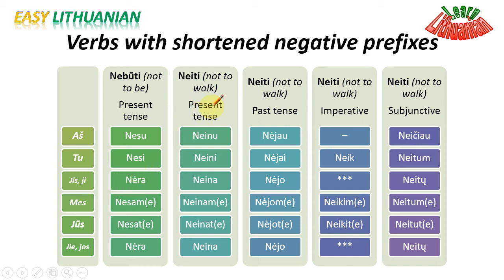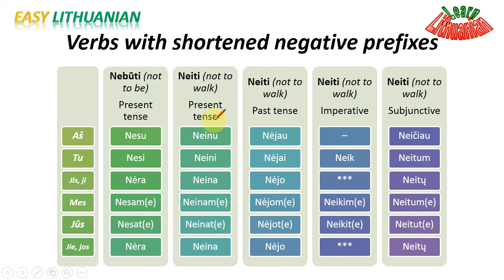Now, the second verb which you should know, and the last negative verb which you should know, is neiti, not to walk. So now let's see how it is conjugated in present tense, past tense, and what are the imperatives and subjunctives. Okay, so I'll read this. Aš neinu, tu neini, jis ji neina, mes neiname or neinam, jūs neinate or neinat, jie jos neina.